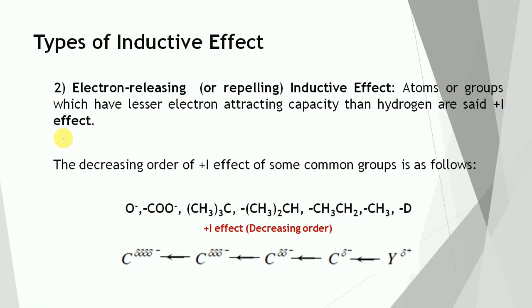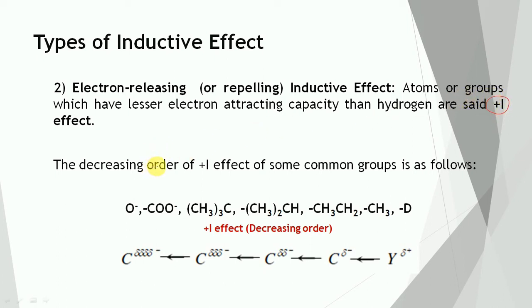Then the second one, electron releasing or electron repelling inductive effect. In this case, atoms or groups which have lesser electron attracting capacity than hydrogen are called electron releasing inductive effect, and they are also called plus I effect.